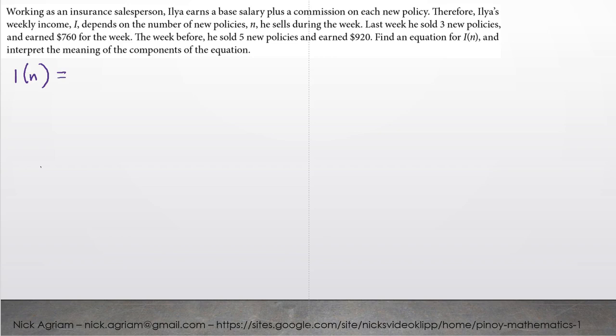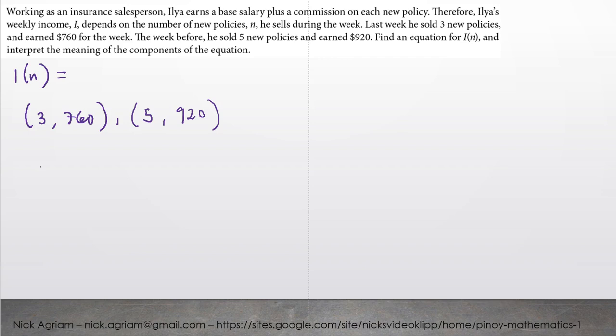Last week he sold 3 new policies and earned $760 for the week. The week before, he sold 5 new policies and earned $920. Find an equation for I of n and interpret the meaning of the components of the equation.